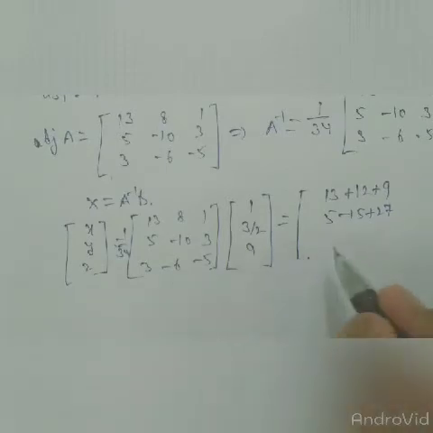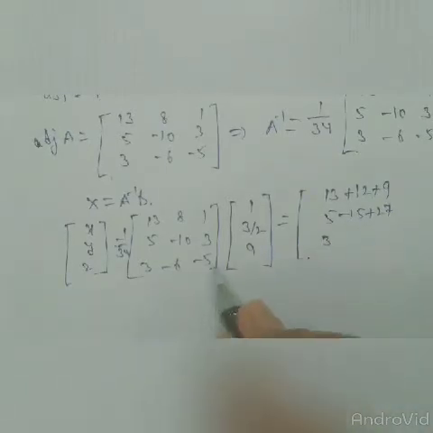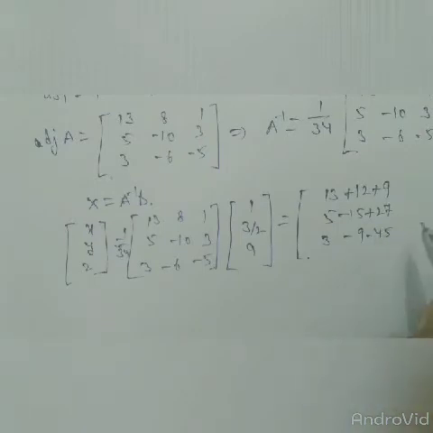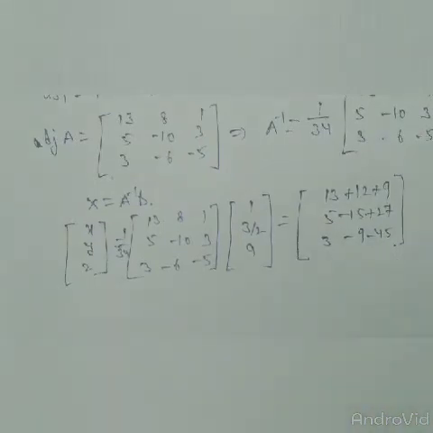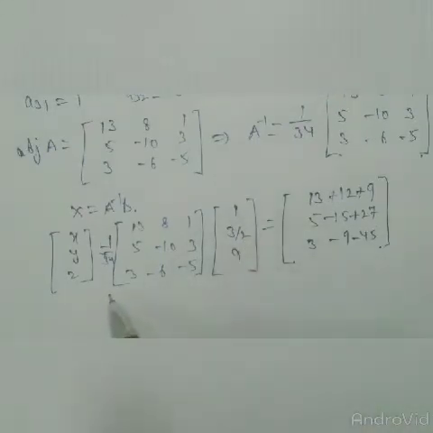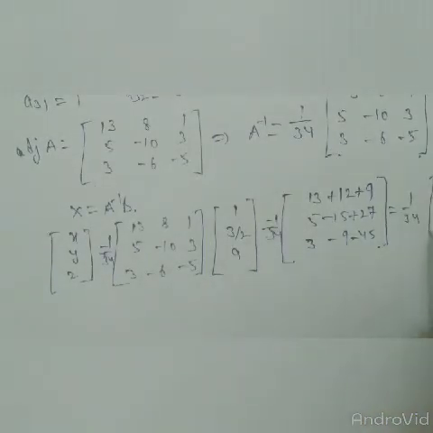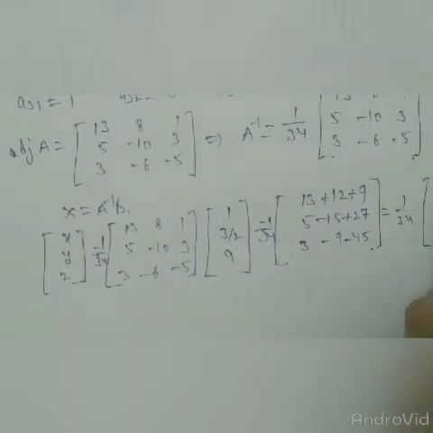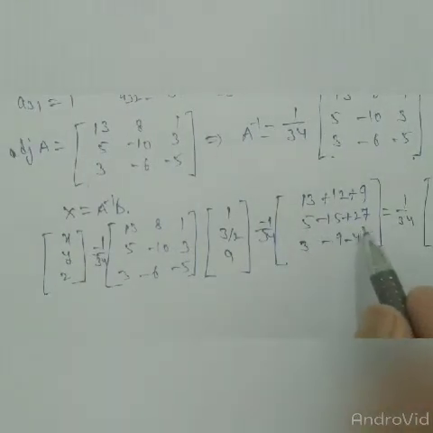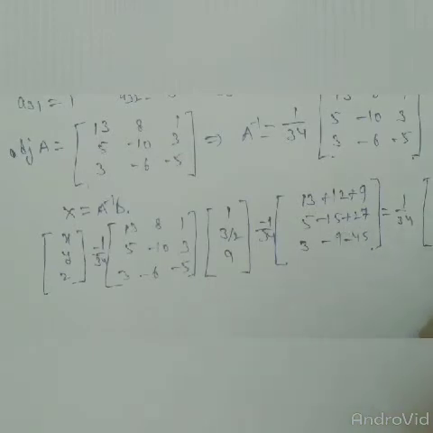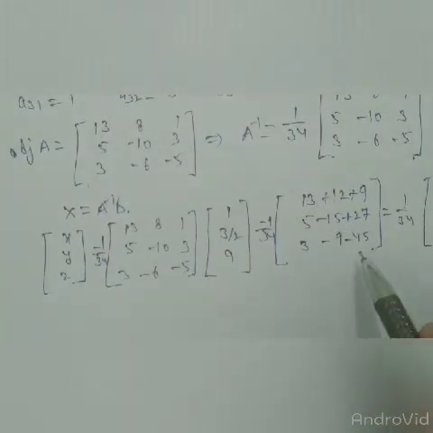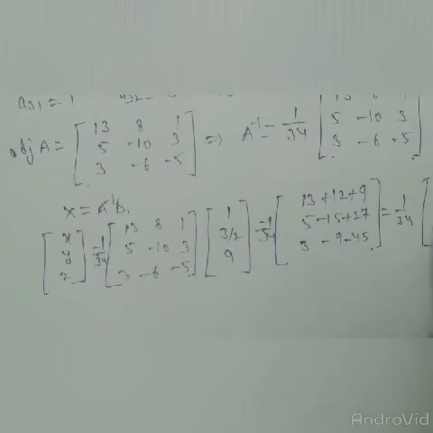Clear? Next is 3 minus 9 minus 45. This is 34, this is 32 minus 15 is 17, this is 45, 54, 51 minus 51.